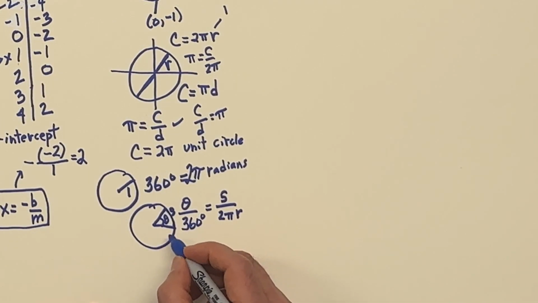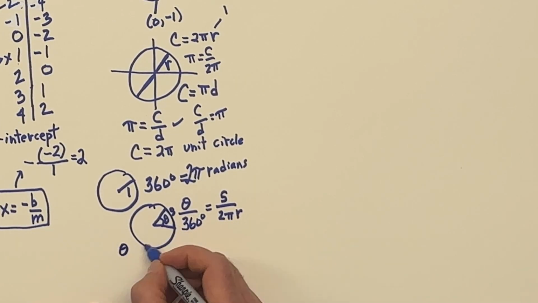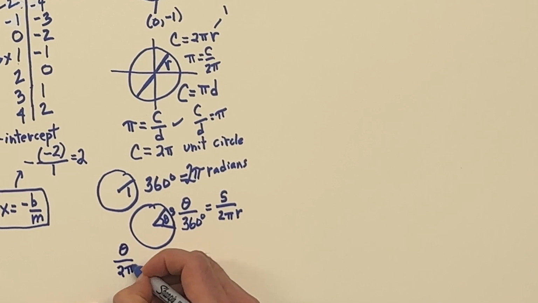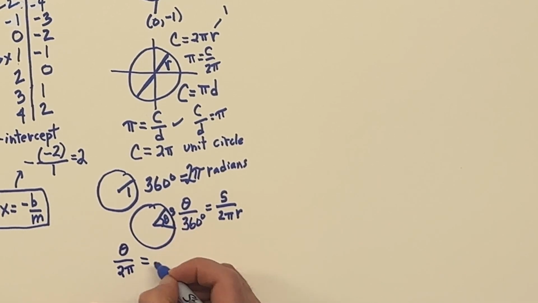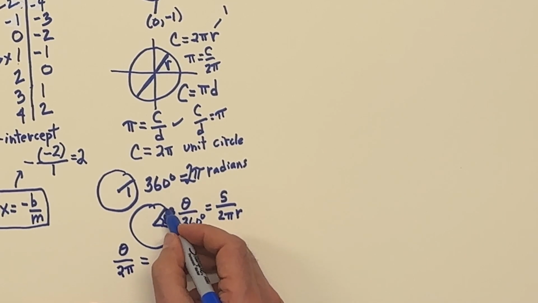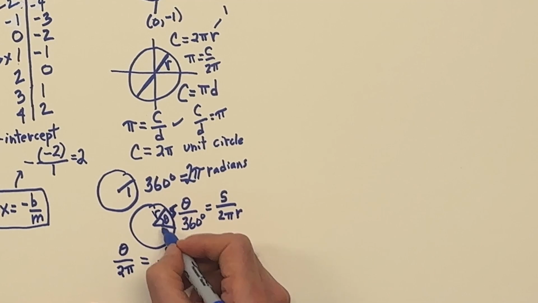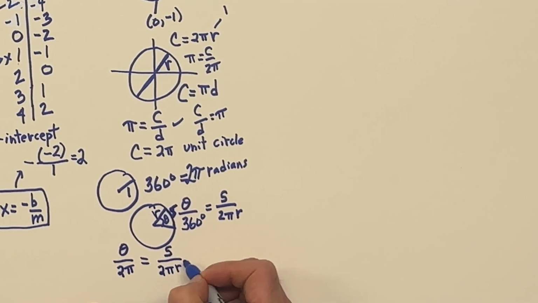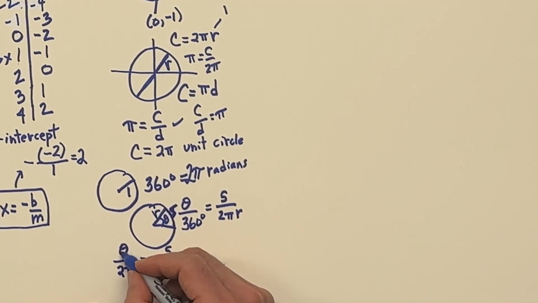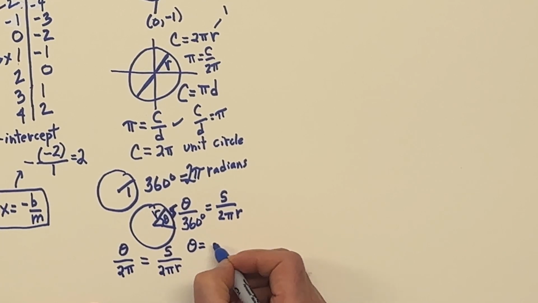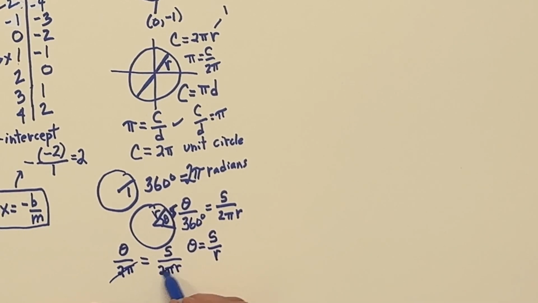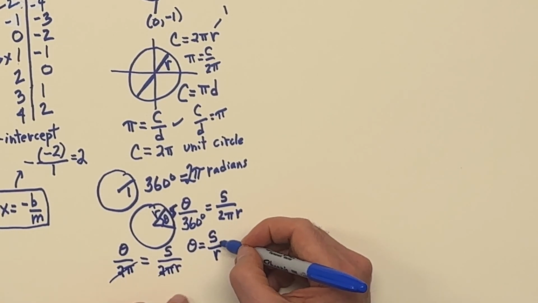If you look at this angle compared to 2 pi, going all the way around, that would be the same ratio as taking s, the arc length, and going all the way around, 2 pi r. And you could look at this angle as equal to s divided by r, because the 2 pi's would cancel off.